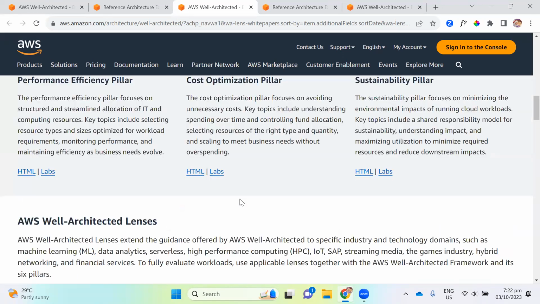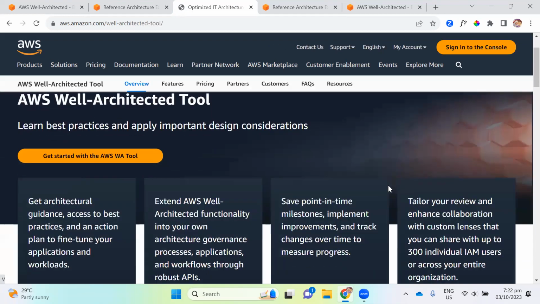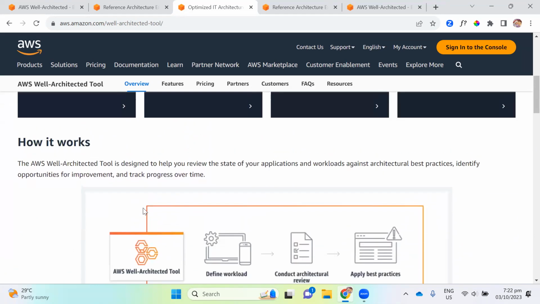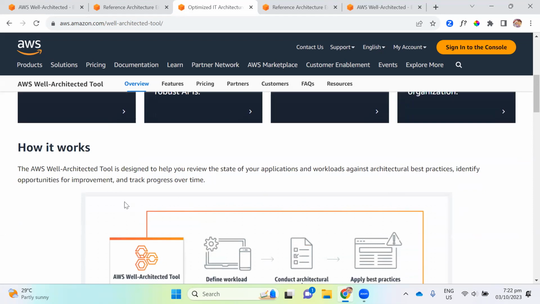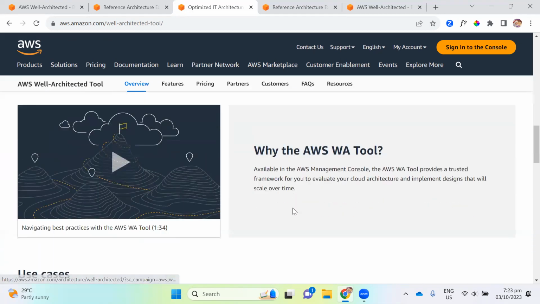So yes, this is one of the best tools you have. For example, the AWS Well-Architected Tool is also here. You can use the tool to review the state of your applications and workloads and define your workloads against them, and you can check it out, right?